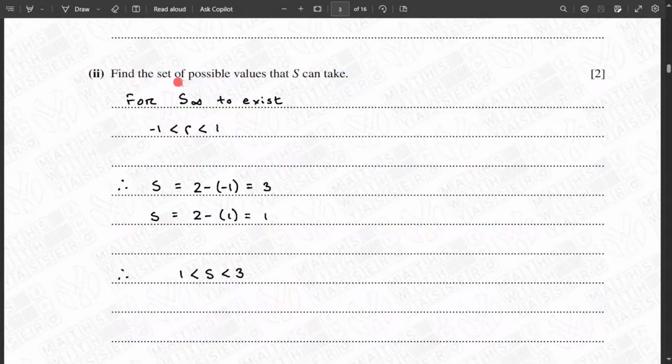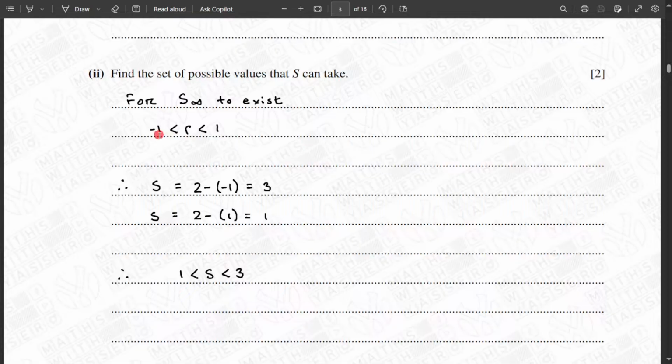In part 2, it says find the set of possible values of s, values that s can take. So we know that for sum to infinity to exist, the common ratio must lie between minus 1 and positive 1. So we substitute these two values into the result we proved earlier, s equals 2 minus r.